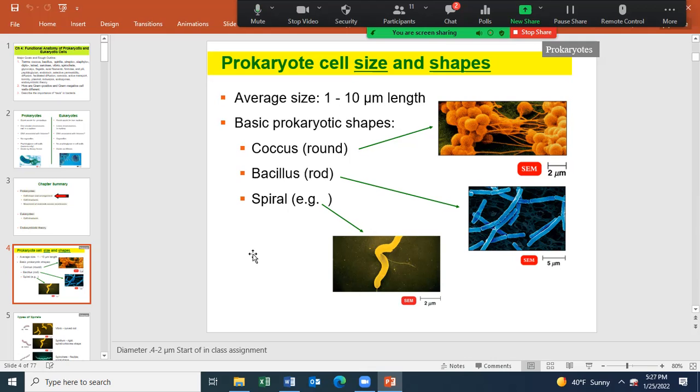The basic prokaryotic shapes: they can be round, and we call these coccus. They could be a rod, we call these bacillus, or they can be a spiral. We call those spirilla. Any question about that? Now, they can have a few other shapes, but most of them are a derivative of one of these three.